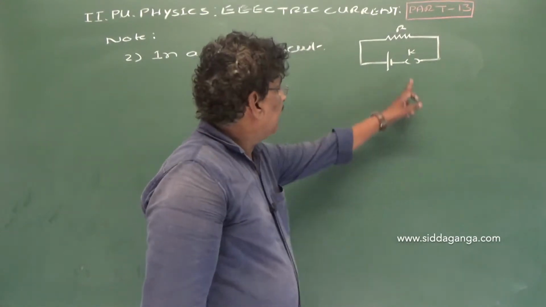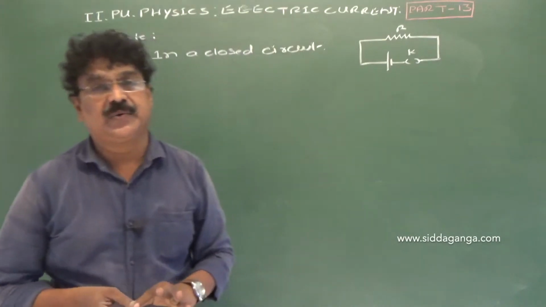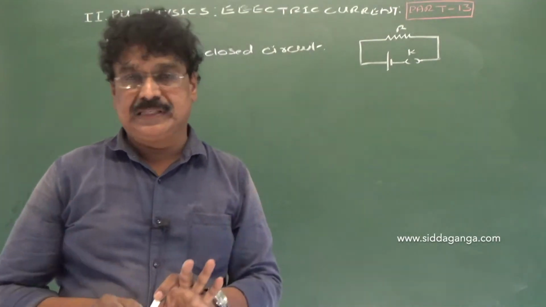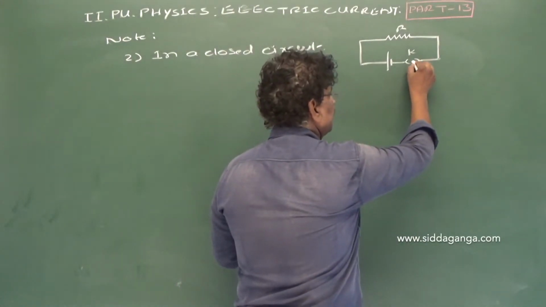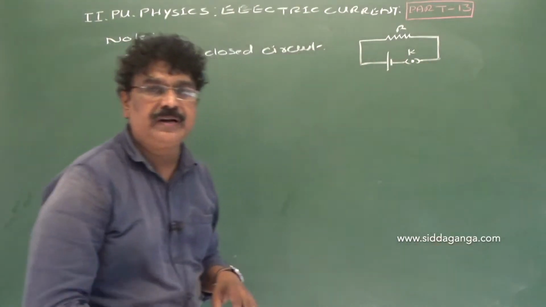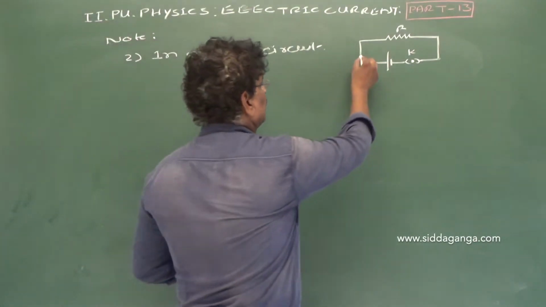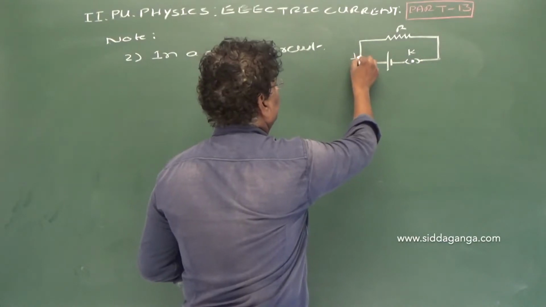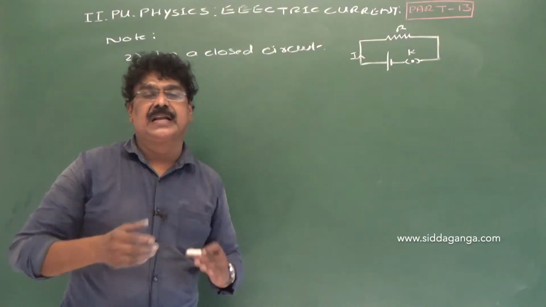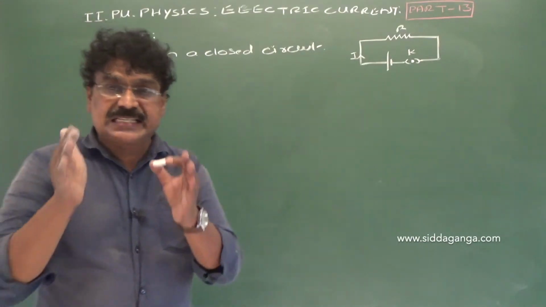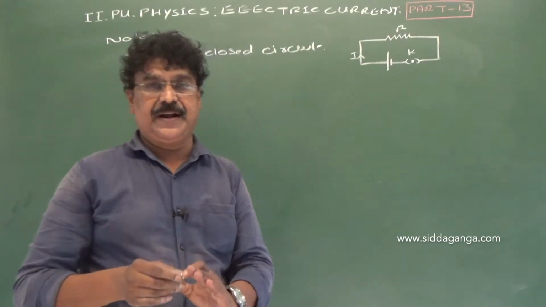So when key is open, no current flows through the circuit and it is called open circuit. When the key is closed, when I put a dot here, the key is closed. When the key is closed, the current starts flowing through the conductor and it is a closed circuit. We say that the cell is discharging current, right?